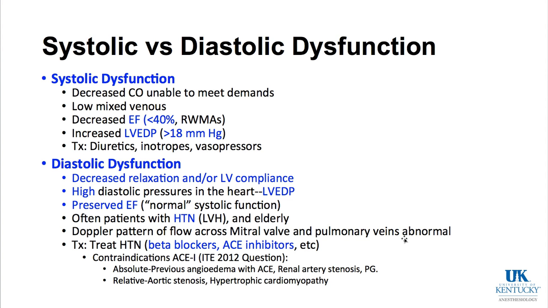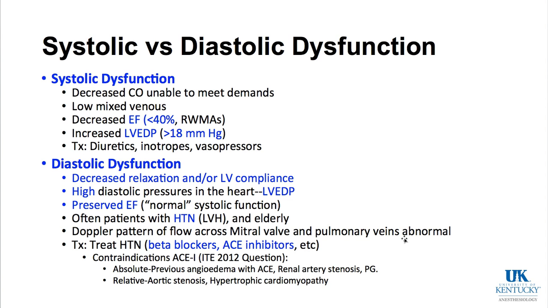This is classically seen in the patient with long-standing hypertension with LVH, big thick left ventricle, the elderly patient who just doesn't have a heart that relaxes as well. And one of the ways to look at and measure diastolic dysfunction is the Doppler pattern of flow across the mitral valve, the filling of the left ventricle, the classic E and A waves, and also the pulmonary vein systolic and diastolic flow in the pulmonary veins on TEE.